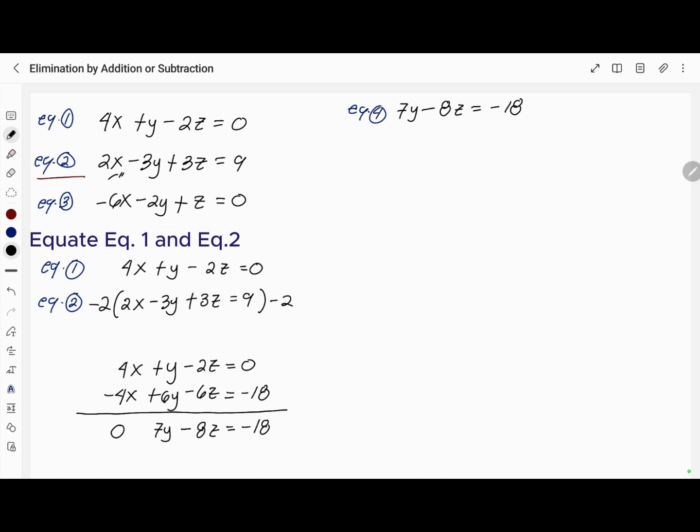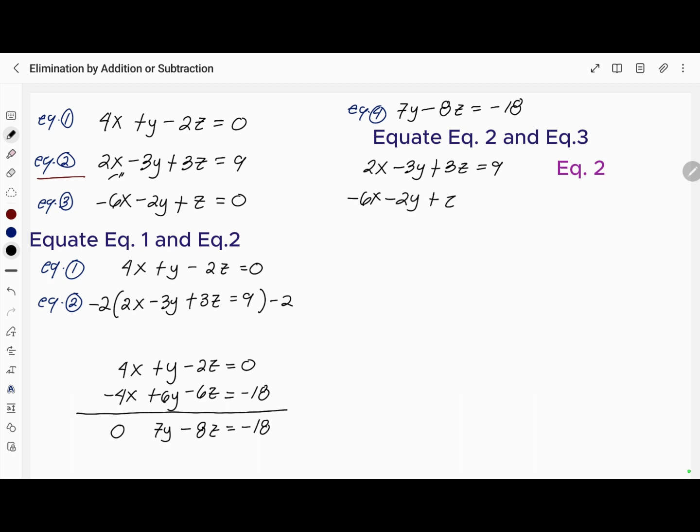Next, to determine our fifth equation, let's subtract equation 3 with equation 2. So we have 2x minus 3y plus 3z equals 9. Then negative 6x minus 2y plus z equals 0.